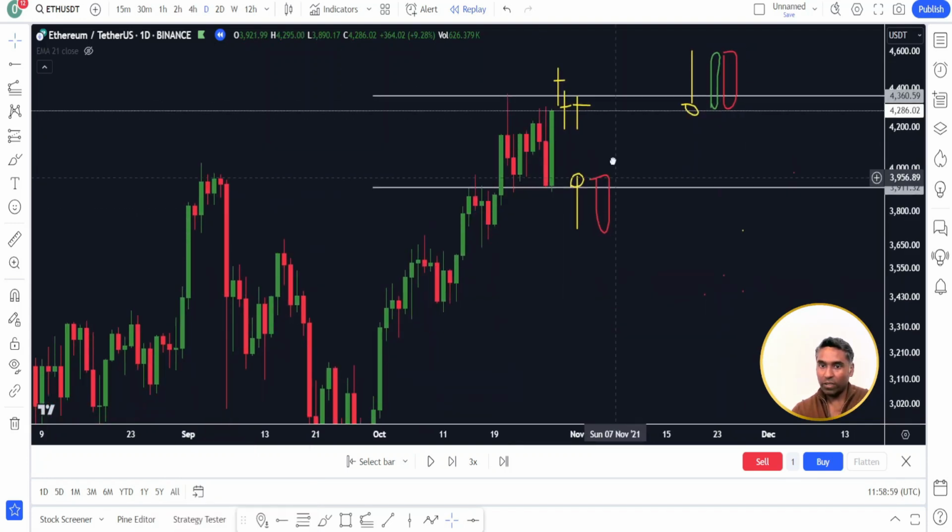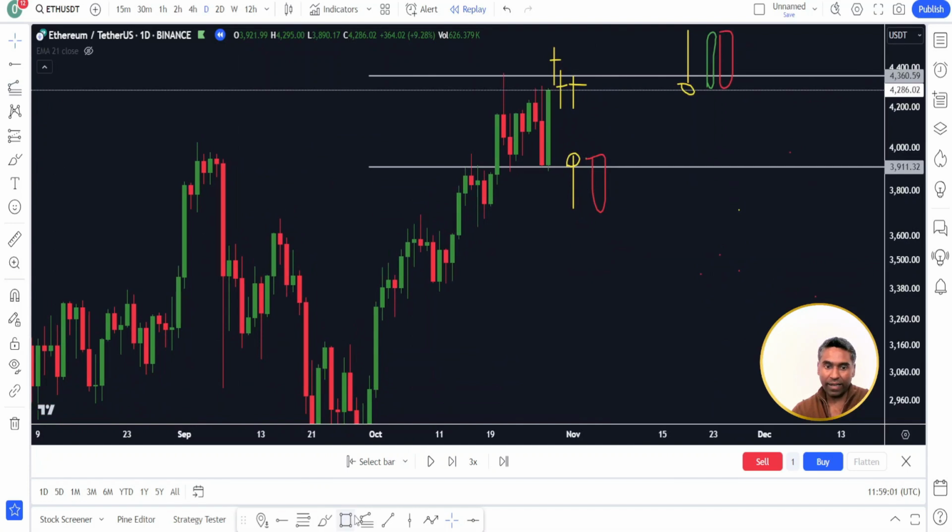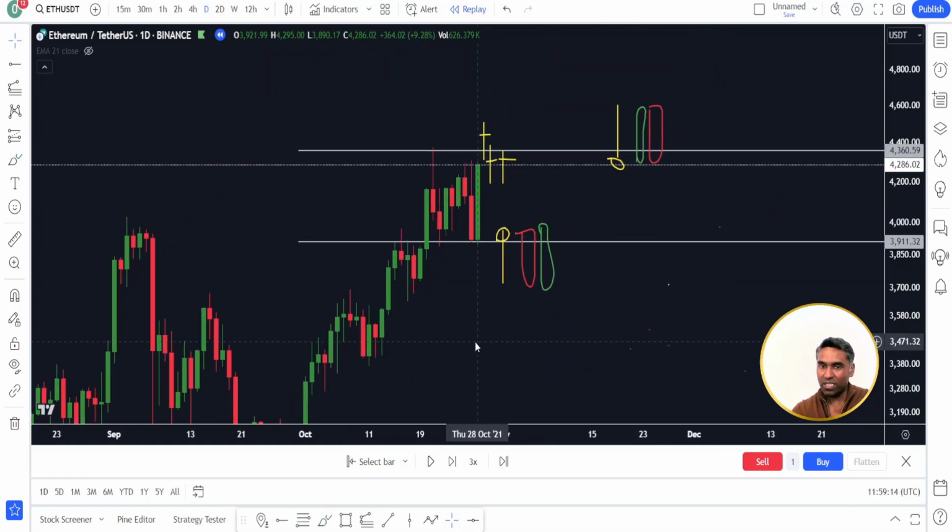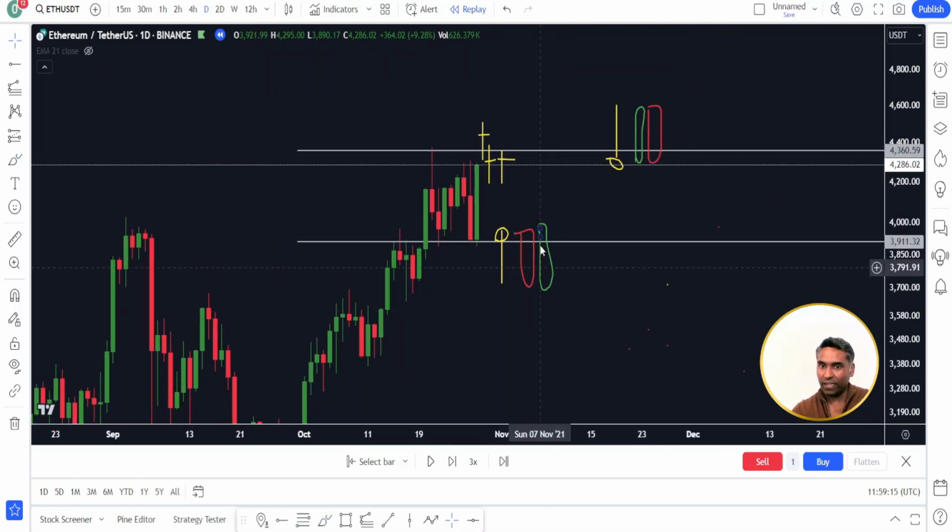So there was a red candle and now there is a green candle which is engulfing this candle. We call this a bullish engulfing candle pattern. So this is a two candlestick pattern, right opposite to this one, but this one is bullish and this one was bearish.